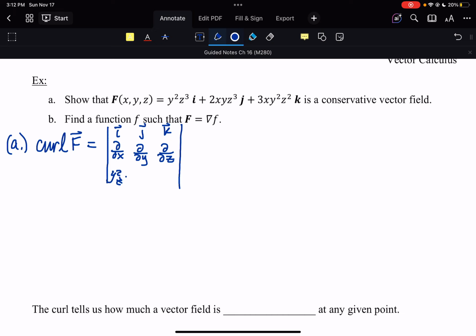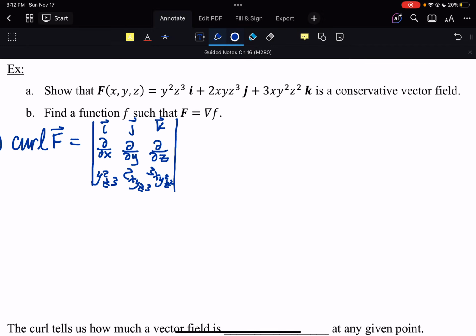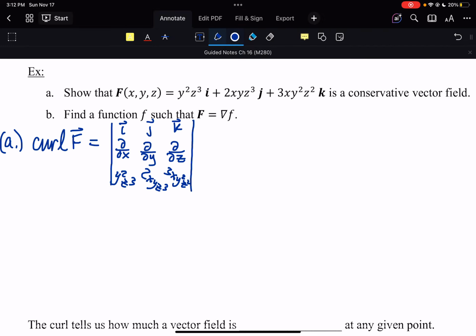Y squared Z cubed, 2xyz cubed, and 3xy squared z squared. Sorry, that's kind of a tight fit there.